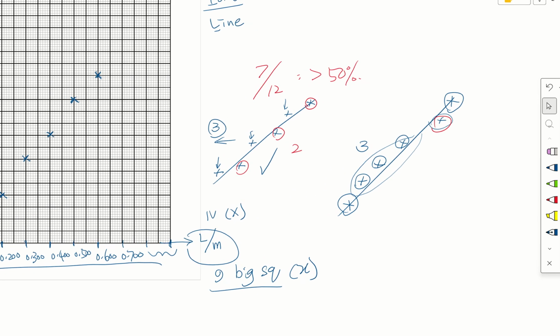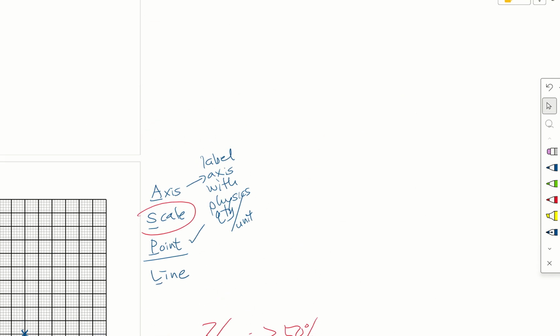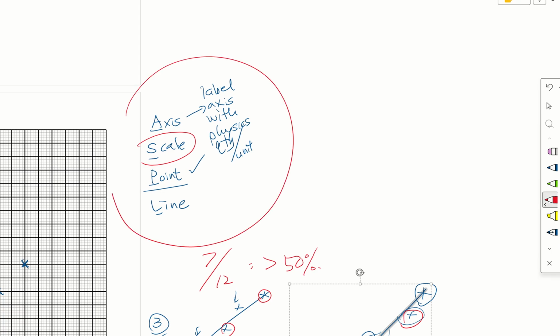So how do we draw a best fit line? We will again take your transparent ruler, rotate or shift up and down, left and right. It takes some kind of practice. So out of these 4 points that we are marking for the graph, the axis should be easy, the points plotted should be easy.